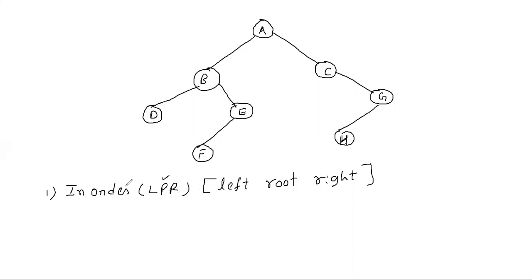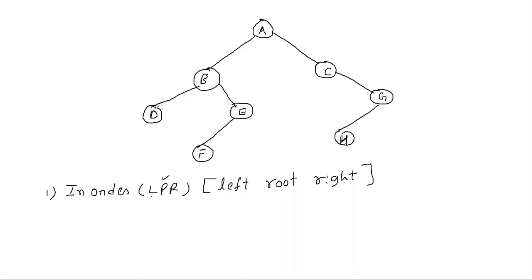When you come to in-order, first left. This is the root A, so go for the left side. Why? Because of LPR. On the left side you got vertex B. Again for B there is a subtree, so again go to the left side. For all trees you go to the left side.